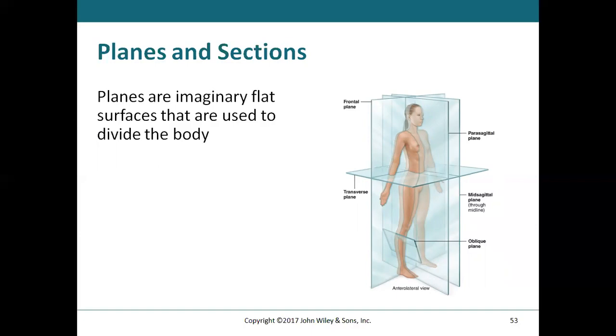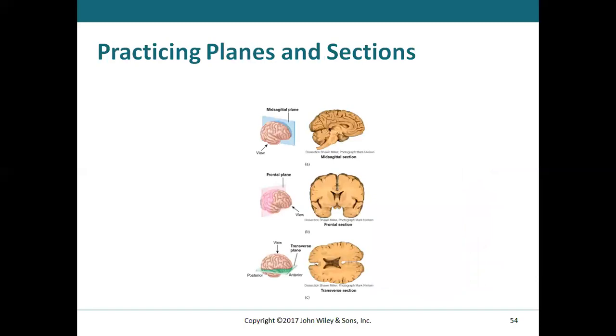The midsagittal plane would be through the midline, so you basically would be splitting the body in half. And then you can see down there at the very bottom, the oblique plane is kind of an offset of a plane. It's not really falling on those 90-degree right angles that we see with the other planes.